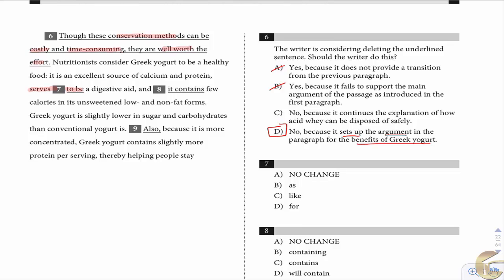So what is the standard English convention for this statement? As you're going through, it shouldn't be serves to be. Serves as does seem to fit. That is the proper prepositional phrase that you would use. So that one looks good. It's not serves like or serves for. Again, we're looking for the proper preposition to go with serves. In this case, B is going to be the proper one. So that's going to be number 7.